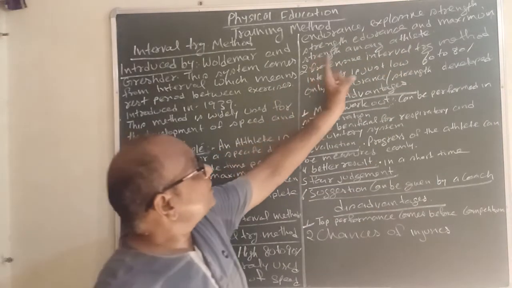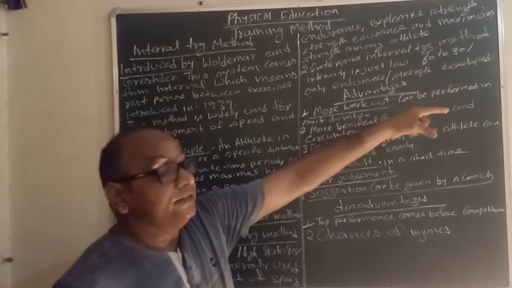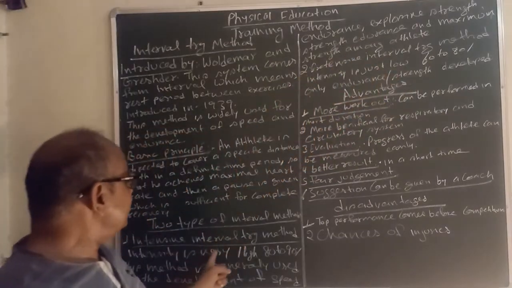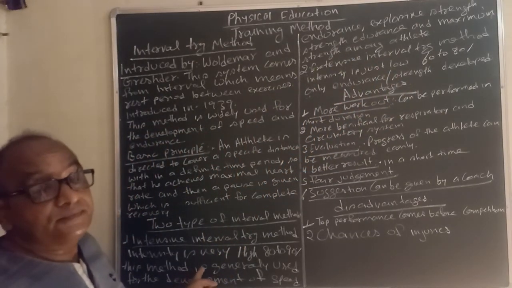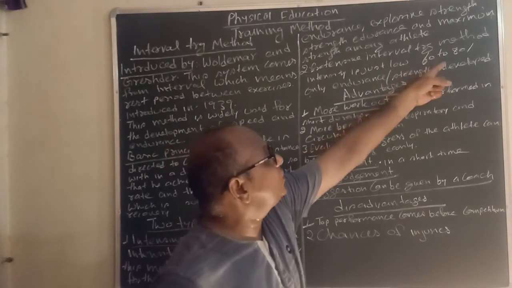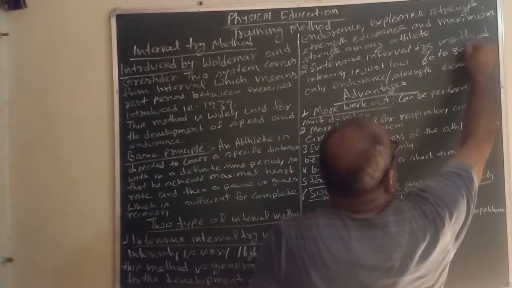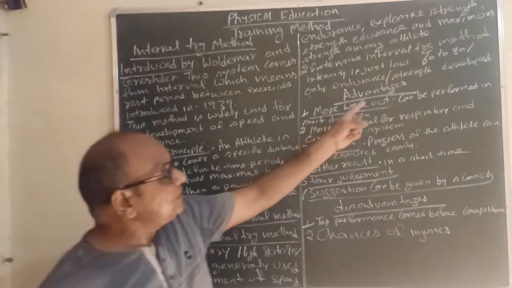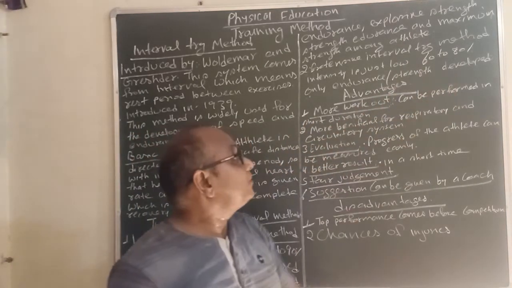Number second is extensive interval training method. Here intensity will be just low, comparable to the intensive method. Its intensity will be 60 to 80%. And it is only for endurance and strength.